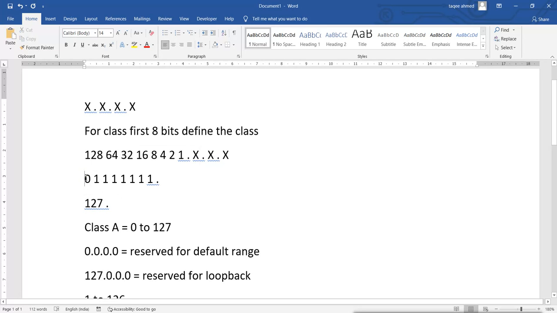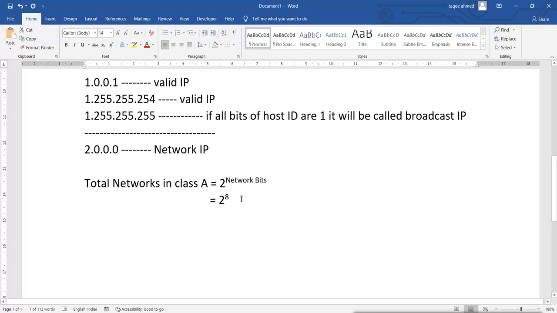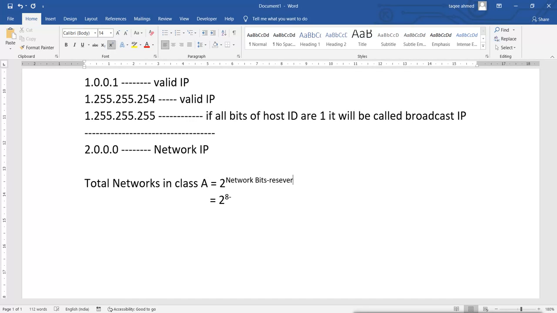One reserved bit. One reserved bit means you have to subtract the reserved bit from the network bits, and then what you get is your total number of networks. How many reserved bits do we have? We have 1.